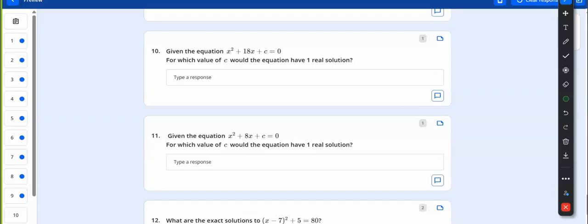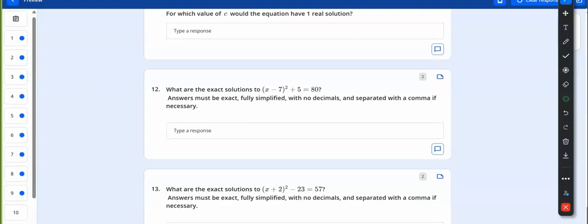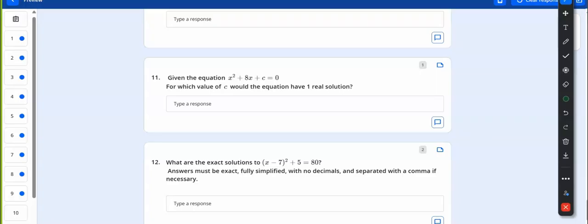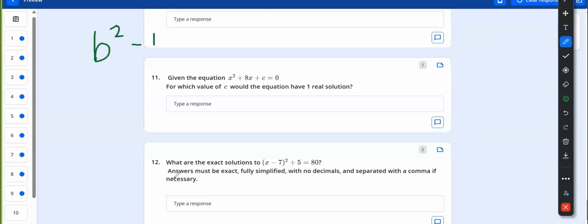Okay. So question 10, given the equation x squared plus 8x plus c equals 0, for which value of c would the equation have one real answer? Okay. Now, I think that this is a discriminant question.